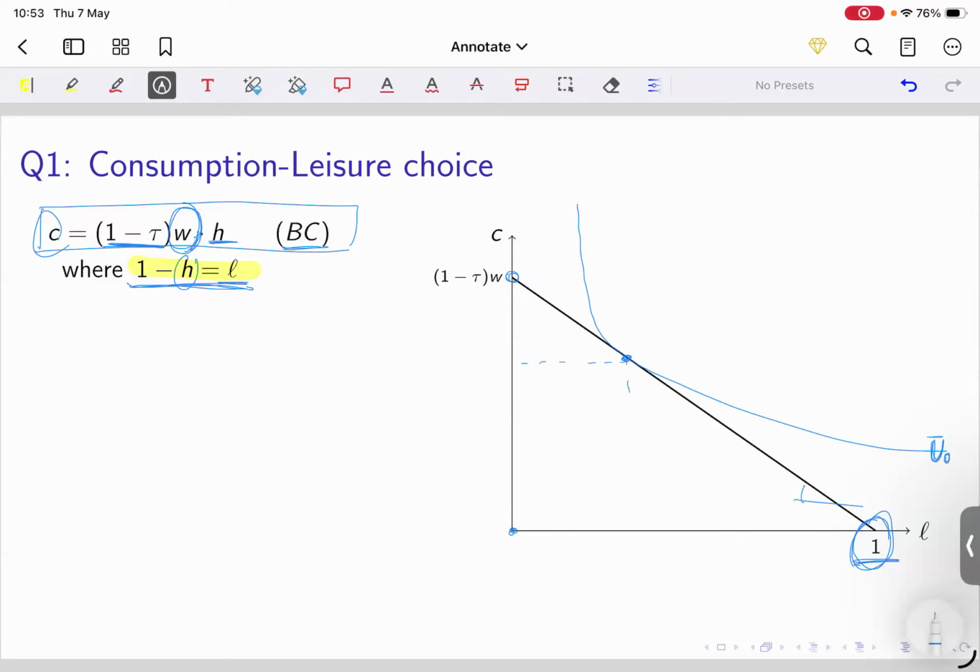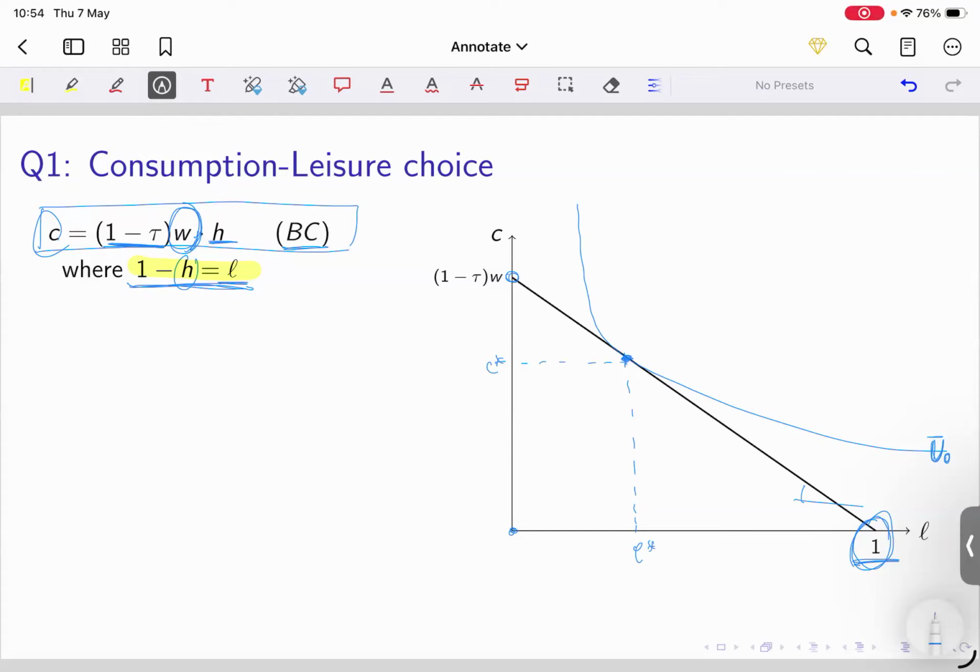This tangency point would give me the optimal leisure consumption bundle that I decide to consume given my preferences and my budget constraint. And this point, geometrically, as said, is the tangency point between the budget line and the highest achievable indifference curve. Okay. Mathematically, what is this?